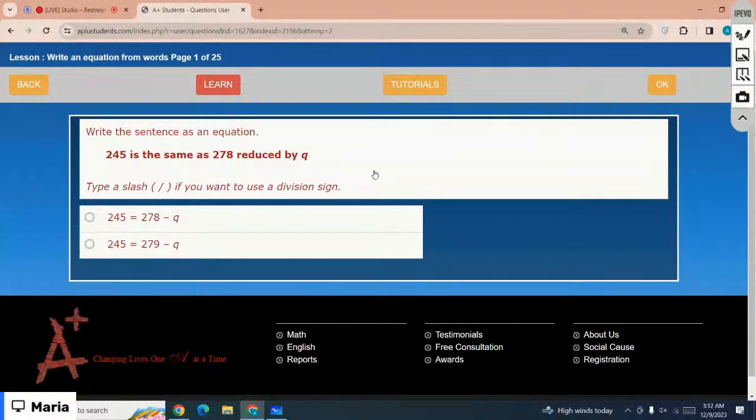Equation number one, 240 equals 270 minus Q. Very good. The correct option is equation number one.